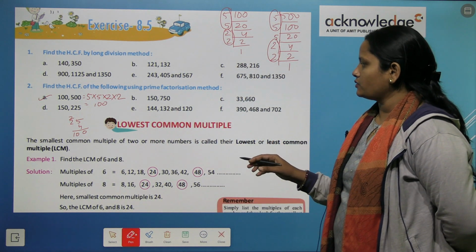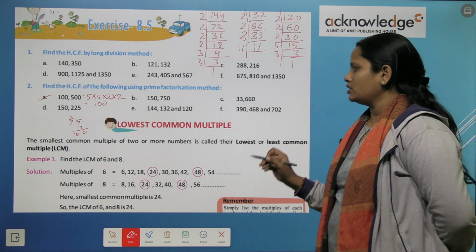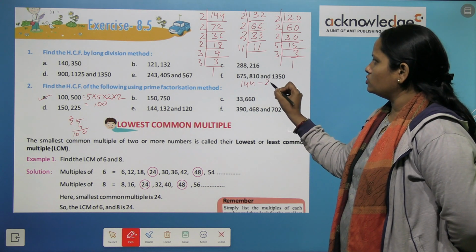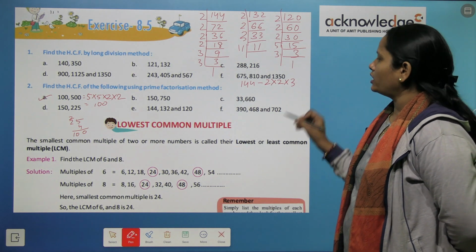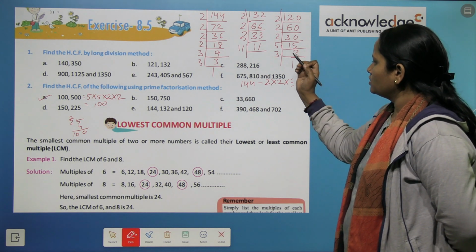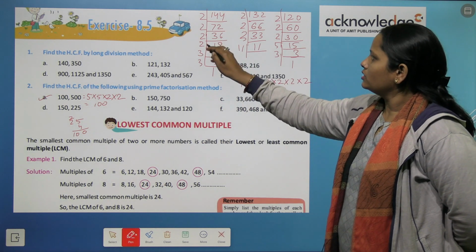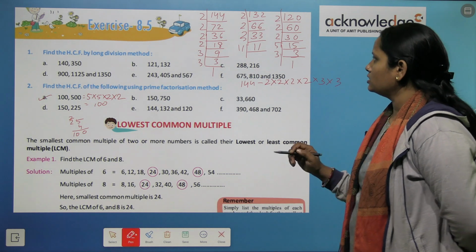Now similarly, let's find the factor of this E part. So children, here the factors of 144 are 2 multiply 4 times, 2 को 4 times multiply करना है हमें and multiply 3 multiply 3.